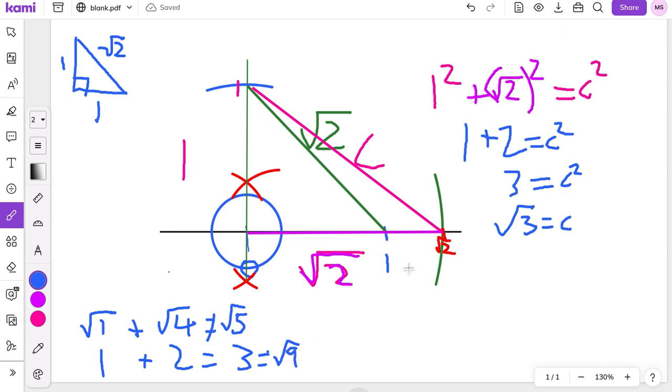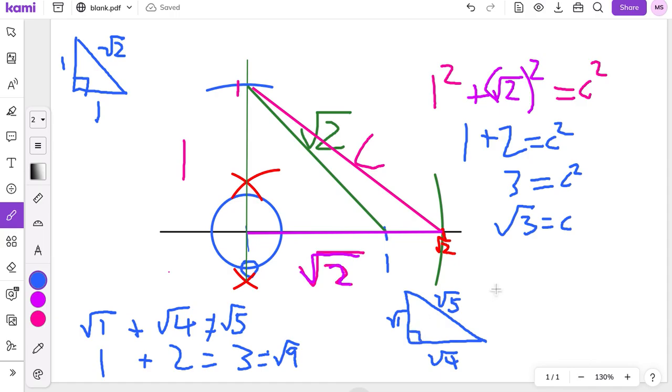So I hope it's clear to everyone that you can't simply add square roots unless we use the Pythagorean theorem for the triangle. In a triangle, those lengths do work. For example, if I have a right triangle and I use those same numbers, square root of 1 and square root of 4, then this hypotenuse will be the square root of 5.